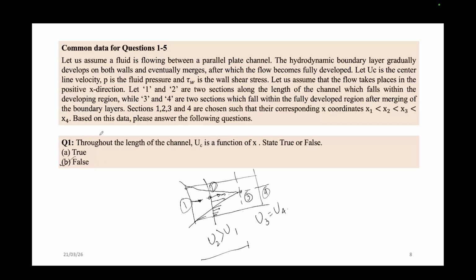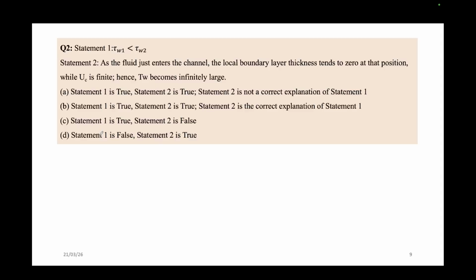Good. Good, Shashwat. Next question. And now this is also a question based on the previous one. Can you answer this one?